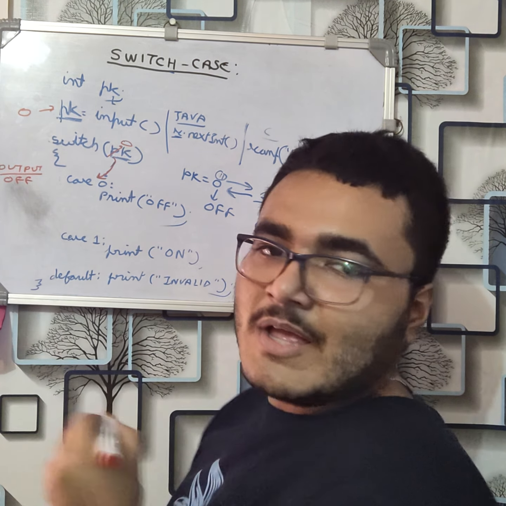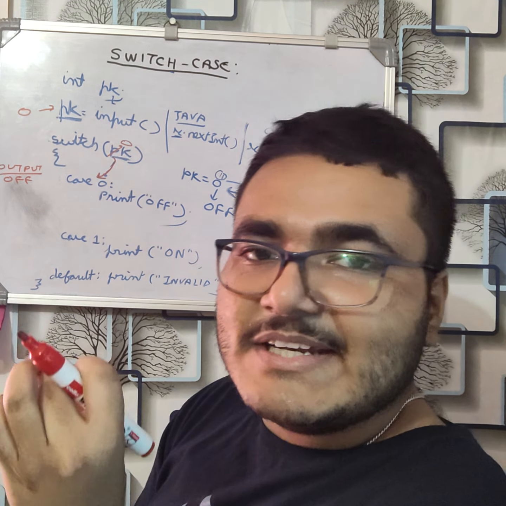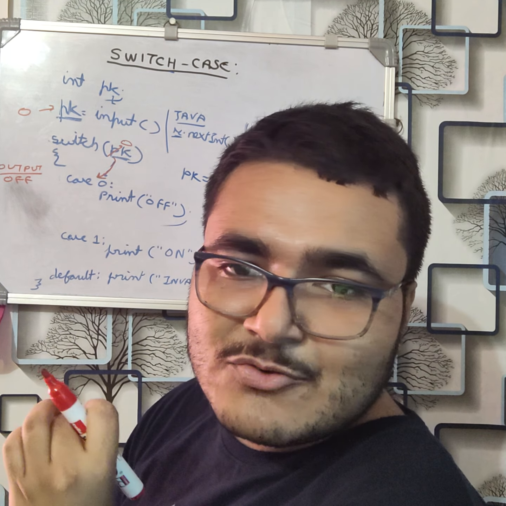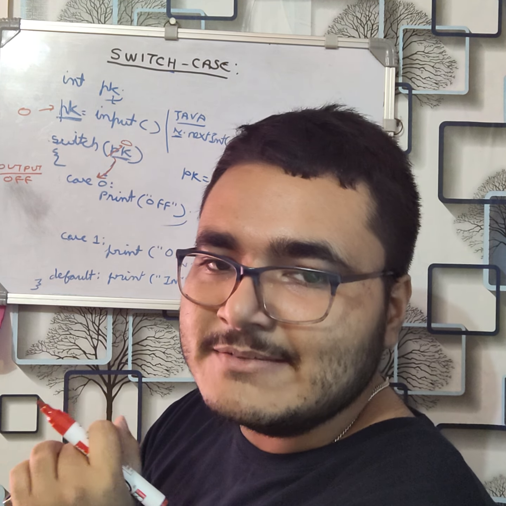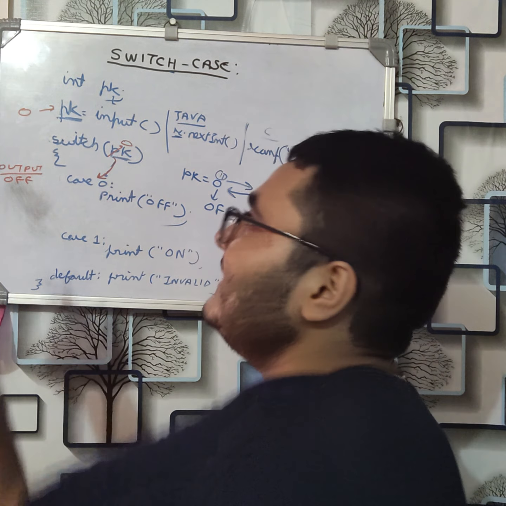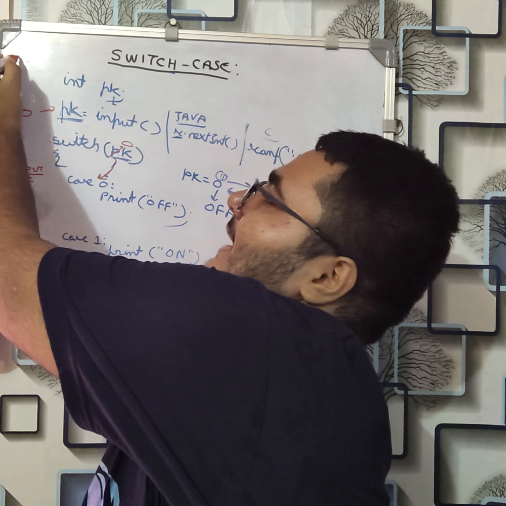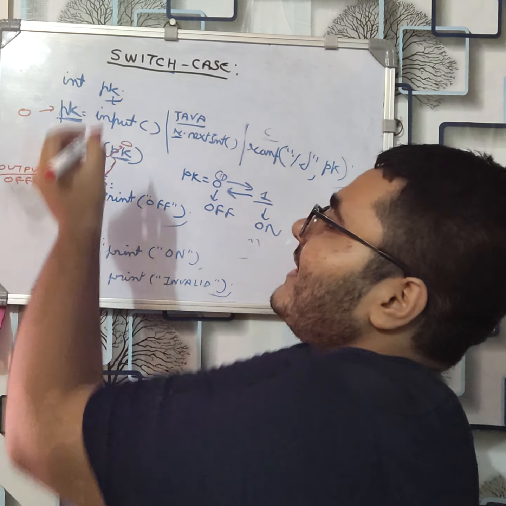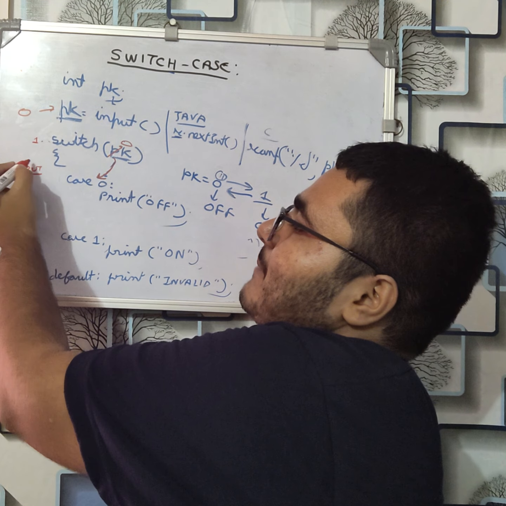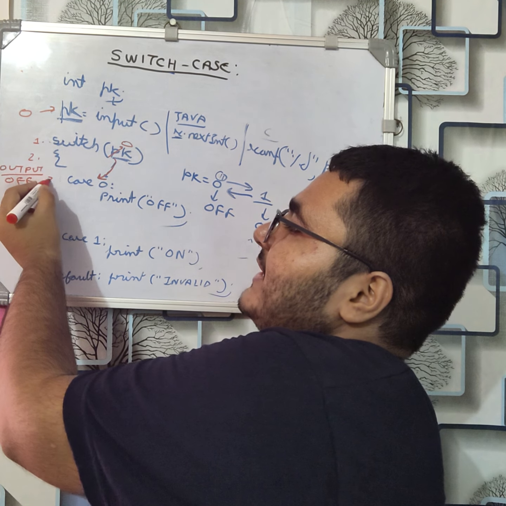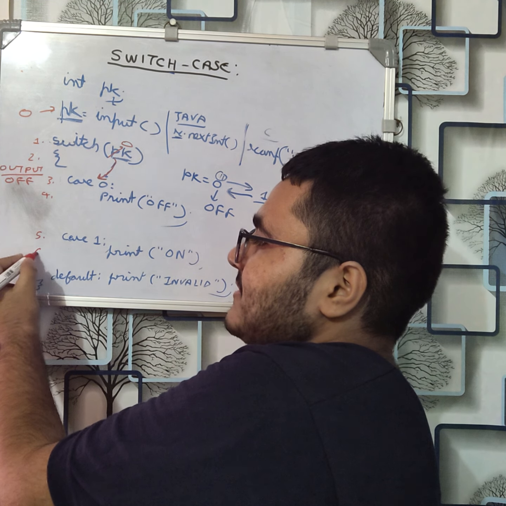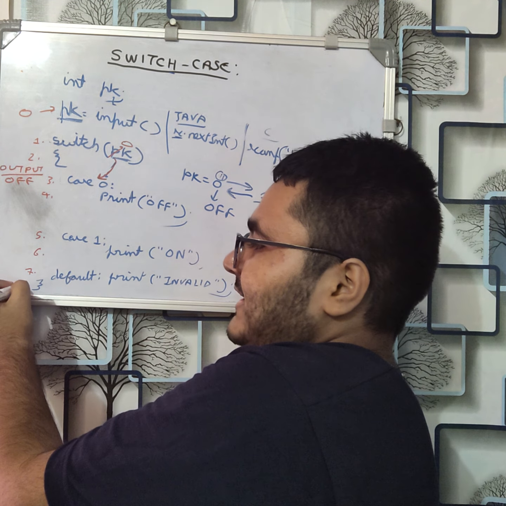Fine, no problem. But in Java or C, the code executes line by line, and if I don't stop at any point, say this is line number 1, line number 2, 3, 4, then 5, 6, 7 and 8.